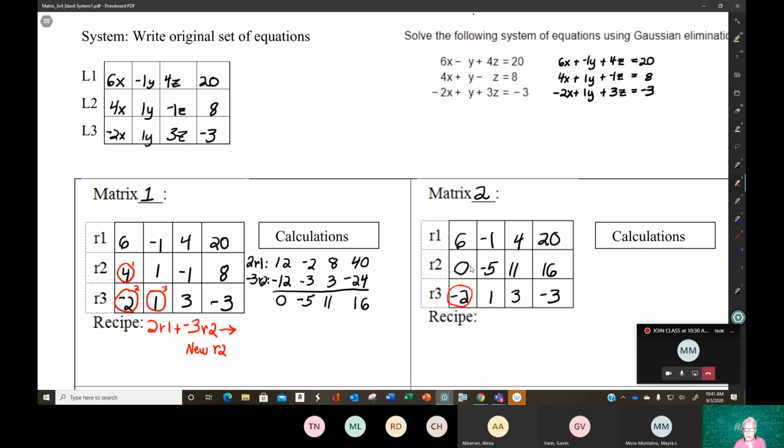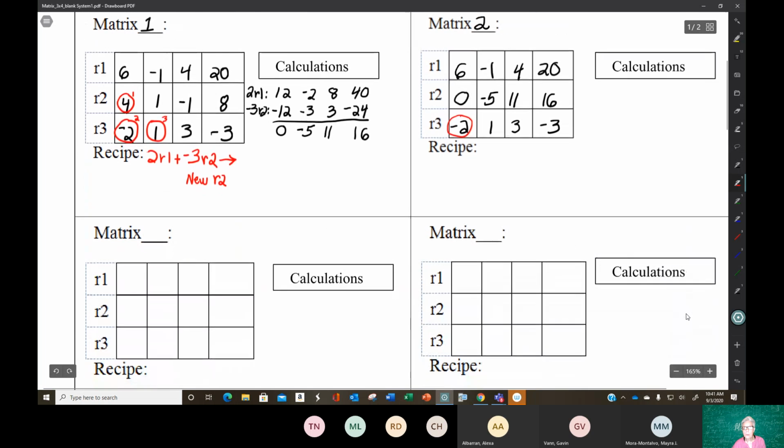Now I know that 2 goes into 6 3 times. And negative 2 will go into positive 6 negative 3 times. So cool, I can actually get away with leaving row 1 the way it is, and then adding 3 times row 3.